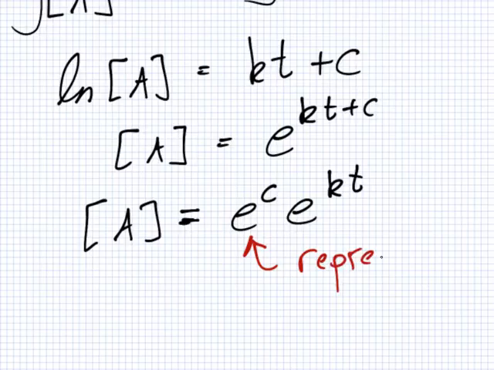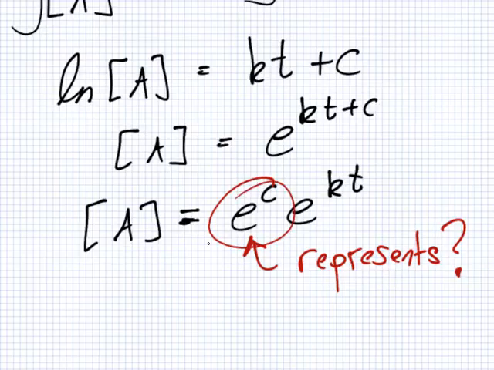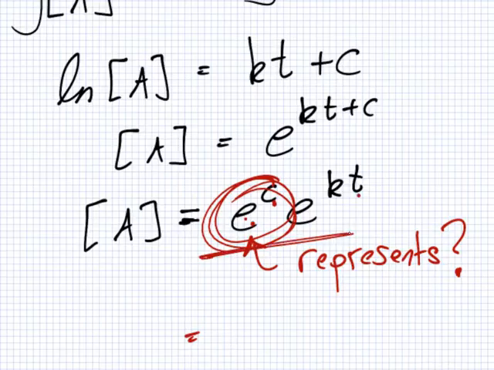Now maybe somebody, what does this part represent? It's just a constant, isn't it? Is C constant? Yes. Is e constant? Yeah. So this altogether is just a constant. So I'll just call it K. Or, well, no, I used K earlier. B or something. But what does it represent? What happens if I put t as 0? What am I left with here when t is 0? We're just left with e^C.